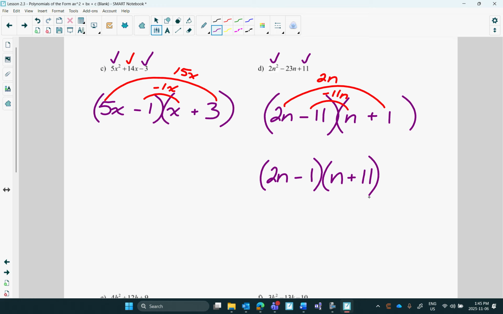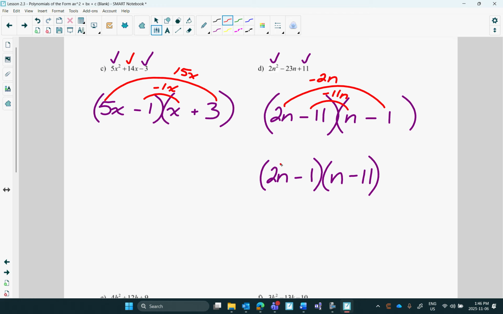Sorry. Shoot. I made a mistake. Why did I put plus and minus? Both should be minus. Which means that this is minus 2n and this is minus 11n, which still doesn't make the middle. I'm messing myself up here.